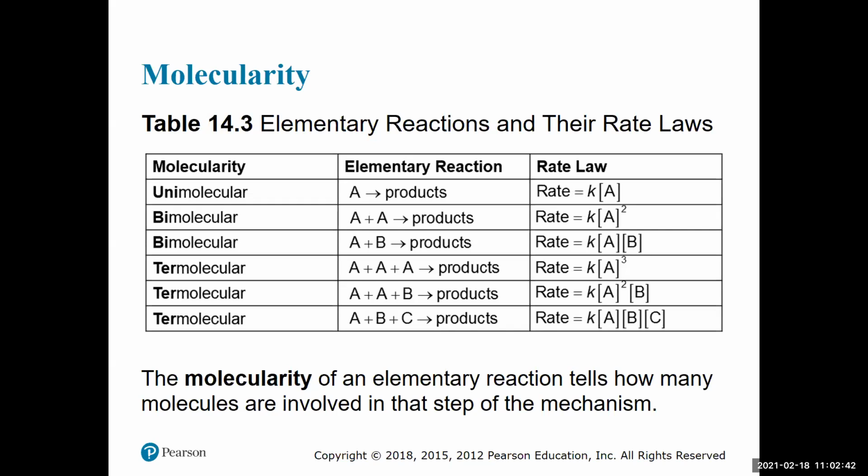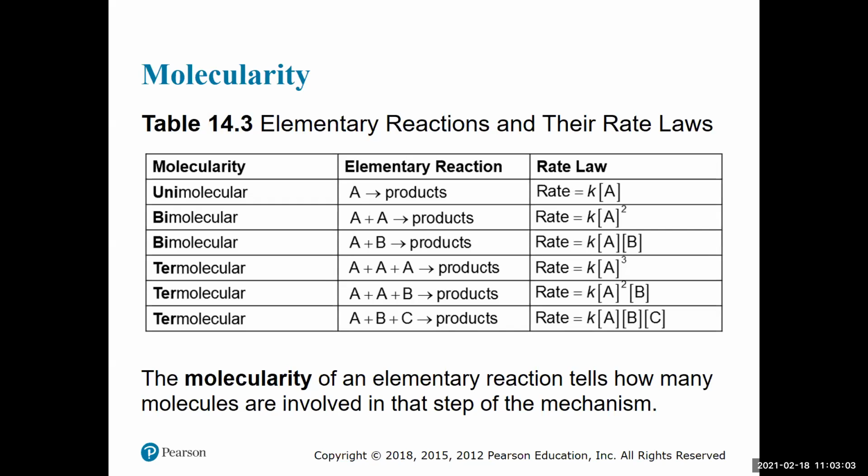It's just an odds thing in my mind. What this molecularity does tell us, though, is how many molecules are involved. And like I said, usually it's one or two, and even with the one or two, it's usually two. It's usually two things reacting together.